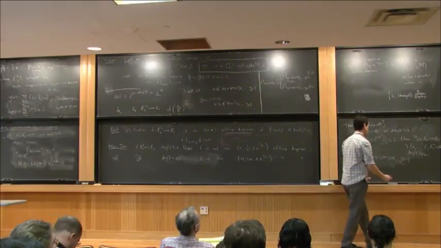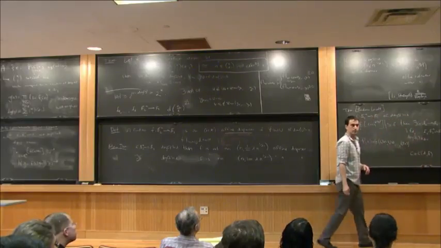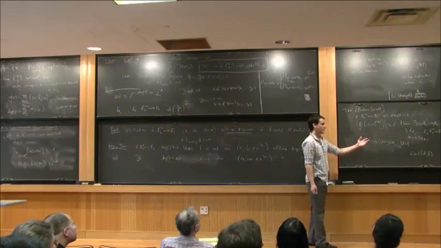And c is some constant depending on the degree and delta. I mean, if the degree and delta are constant, then c is a constant.